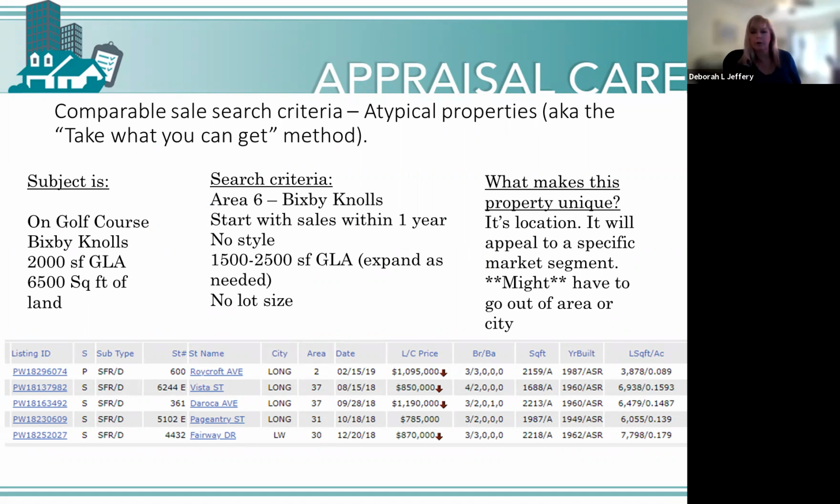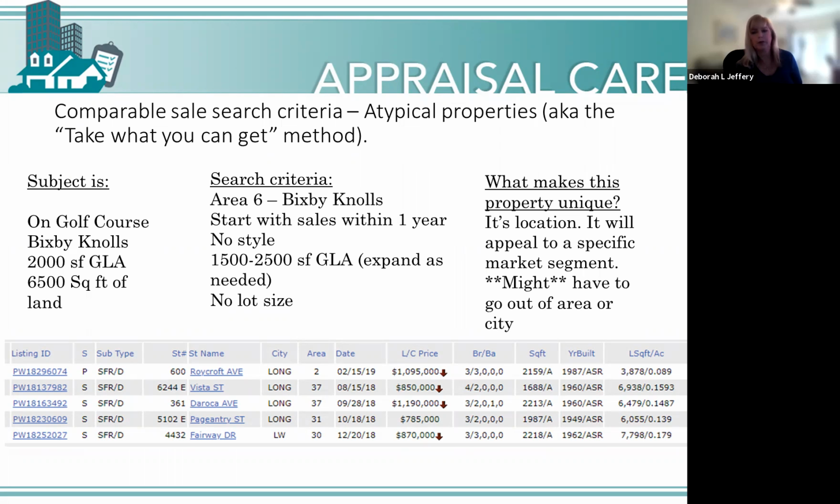This was an example of a golf course home that I was trying to show that I may have to, if I have one in Long Beach, I may have to go to a Lakewood golf course. They do sell for completely different prices though. So I typically will not use comps in Lakewood for the golf course ones to compare to Long Beach, because there is a big difference in prices sometimes.